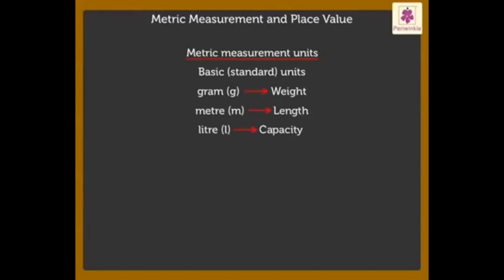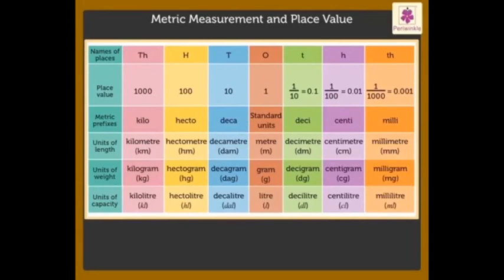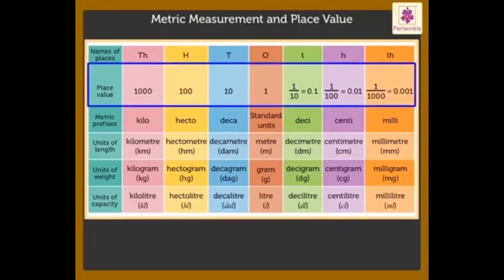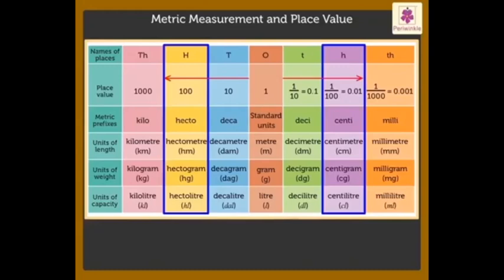In our daily life, we often need to use many other units bigger or smaller than these standard units. Let's get to know them through this table. It shows the place values of each unit and hence helps in determining the relation between the units.